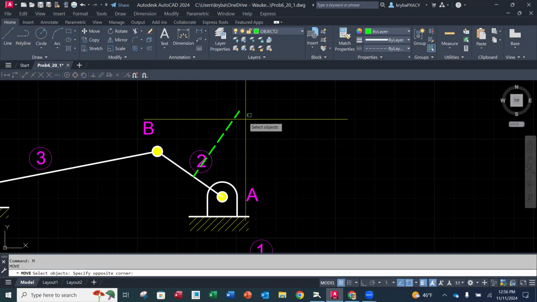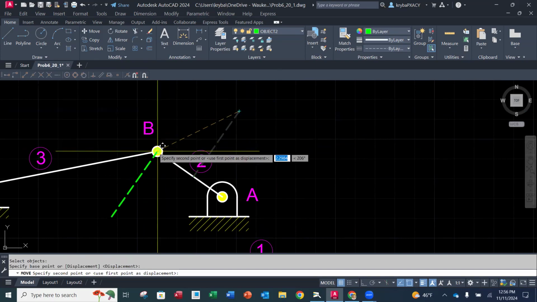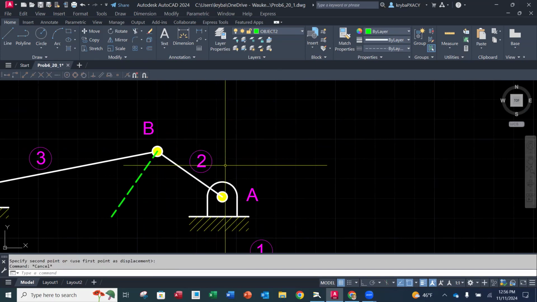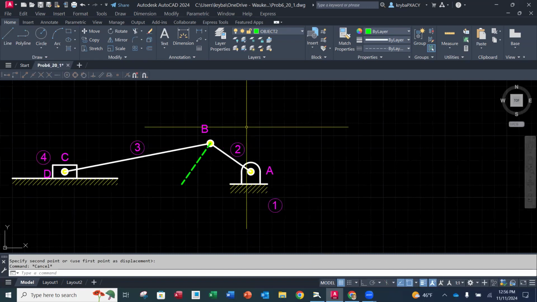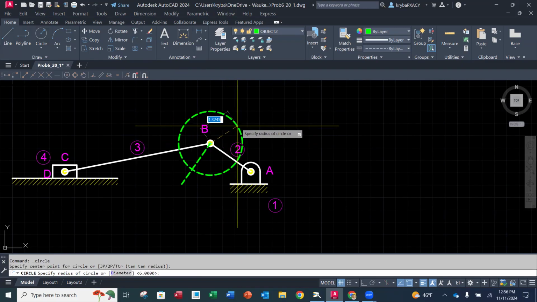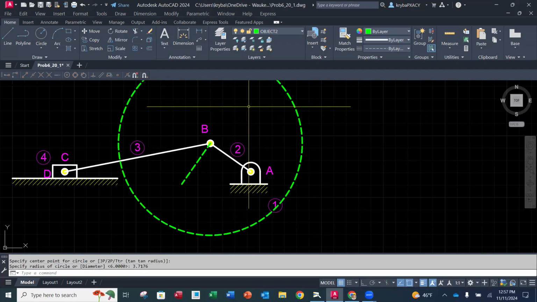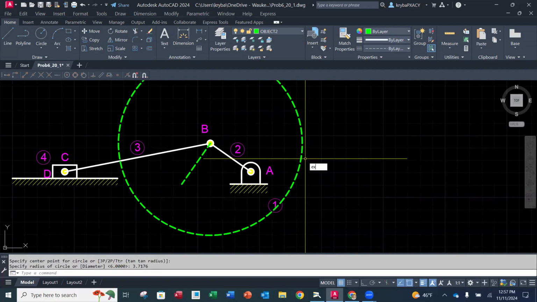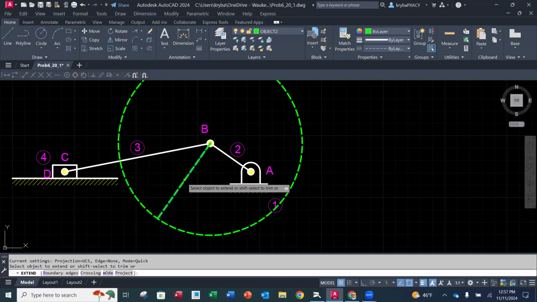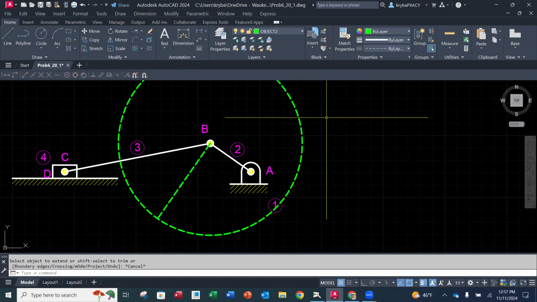Then I'm going to move one of the endpoints to the center of point B. And then I am going to do a radius circle, and that radius circle is going to have a radius equal to 3.7176. Enter. And then I'm going to do an extend under my trim, and I'm going to extend it to that radius so that it's the right length.